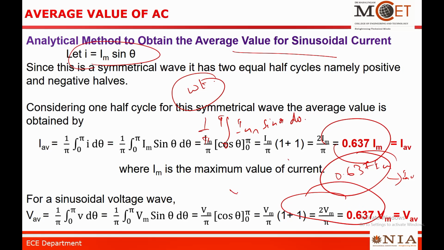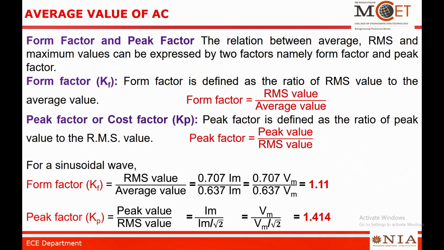So the average voltage Vav is equal to 0.637 Vm, whereas the average value for a current also gives the same, 0.637 Im. These are the things obtained with the analytical method.